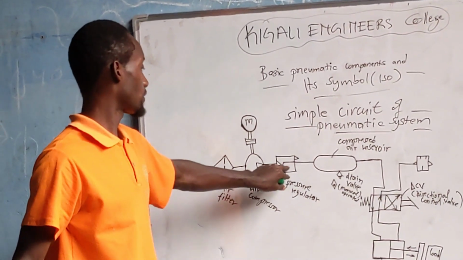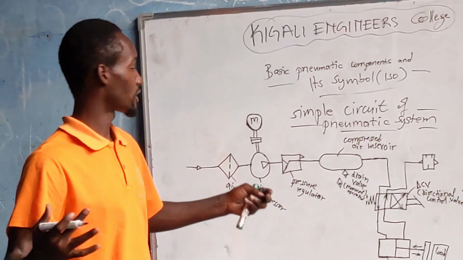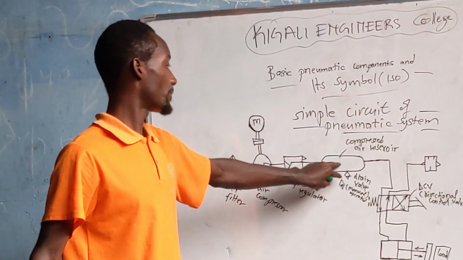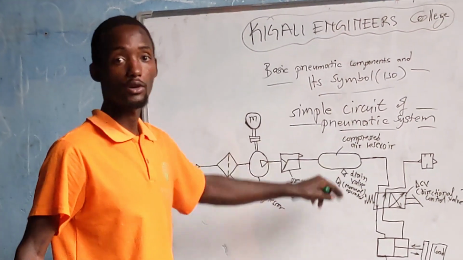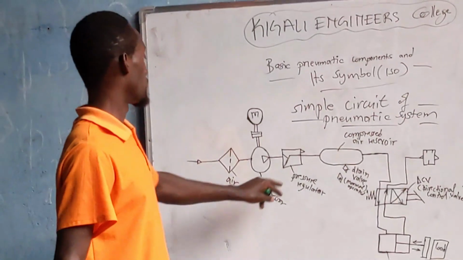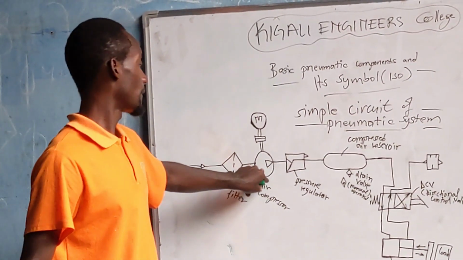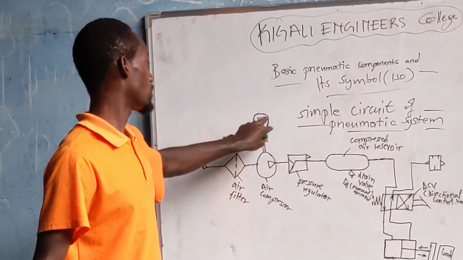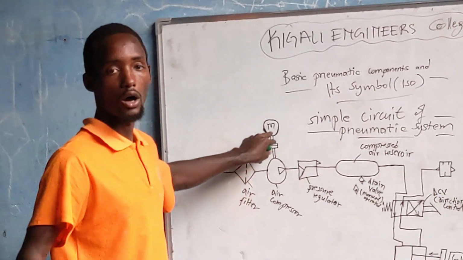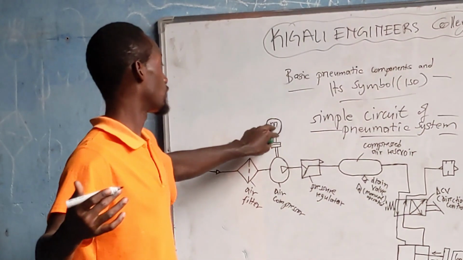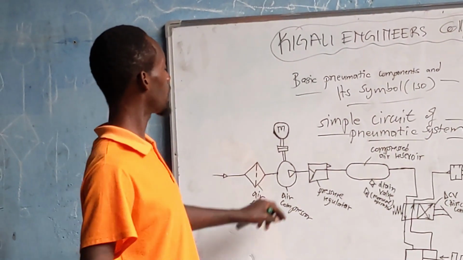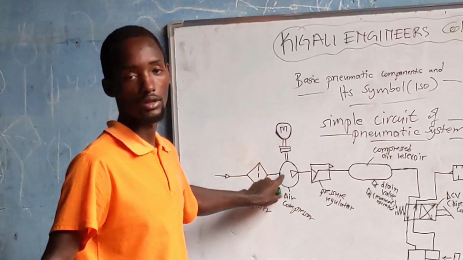So this regulator is used to regulate the pressure. When the pressure of air inside this reservoir is full, this regulator controls the activation of this electric motor to prevent the motor from continuing to run.